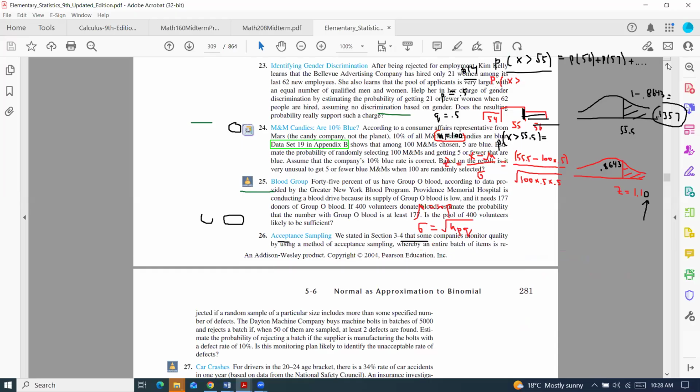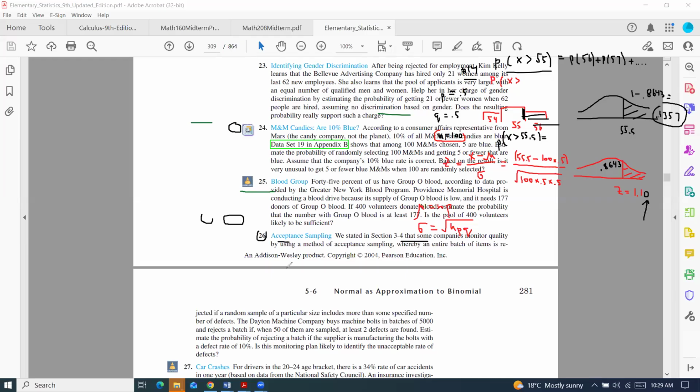If they have at least 2 defectives, they don't want it. There are too many defectives, right? They want fewer defectives, ideally none, but defectives happen. So I'm talking about exercise 26.